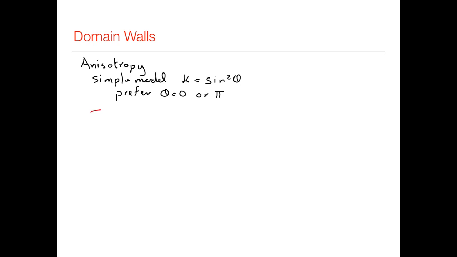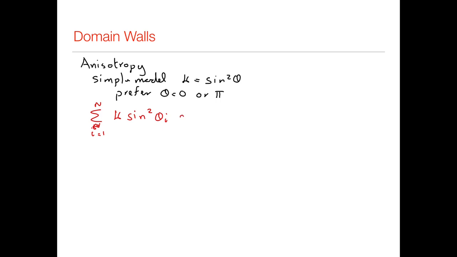So we would want to sum over all the atoms in the wall. So this would be the sum from i equals 1 to n of K sine squared theta i.